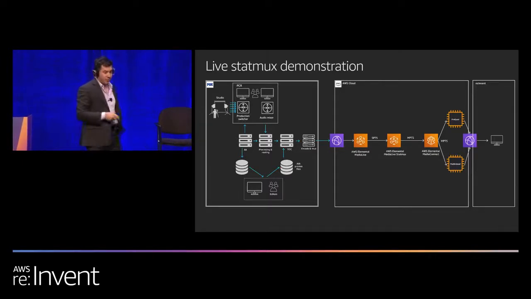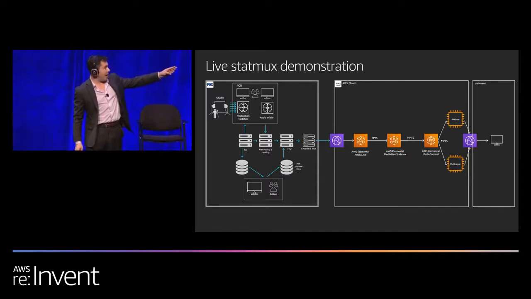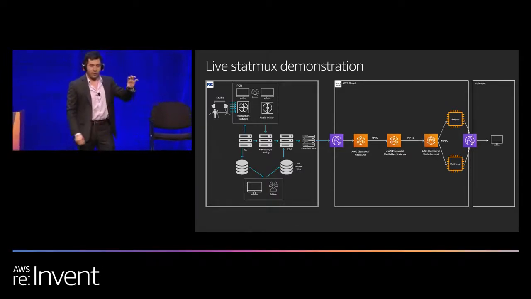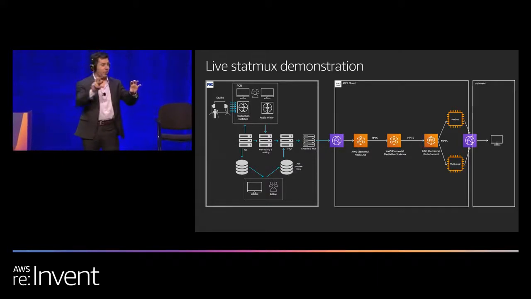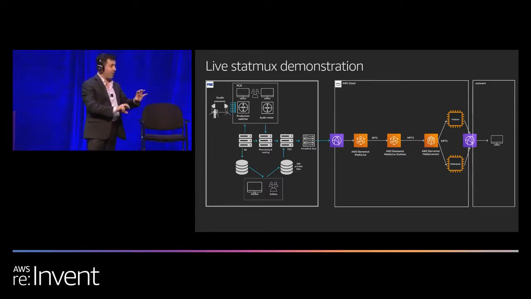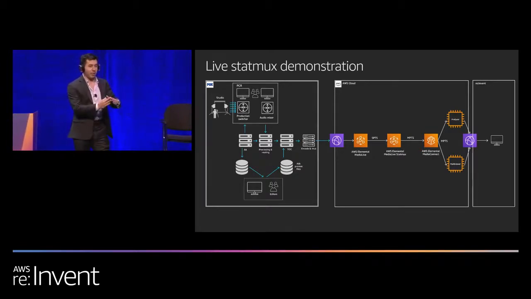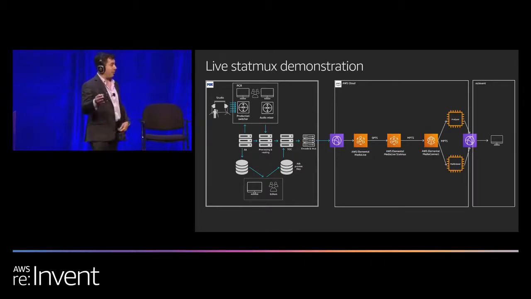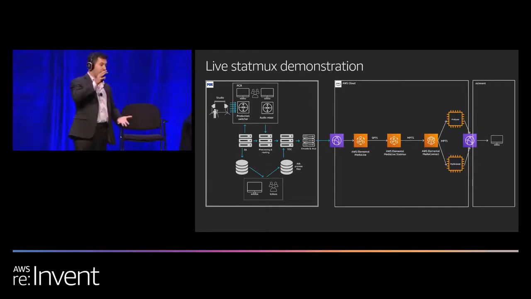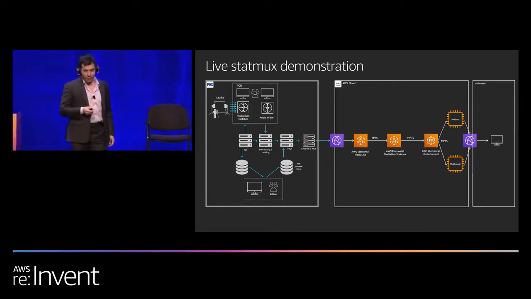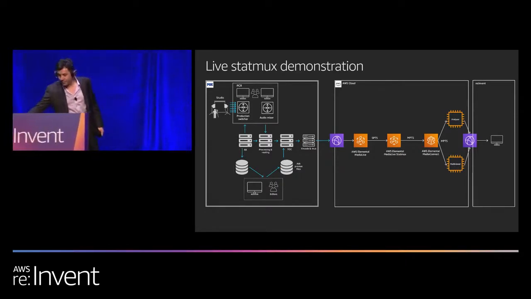And as Alistair was explaining before, you see two instances, one MediaLive and then one MediaLive StatMux instance, because the encoders are running and the StatMux instance is controlling the rate of the output of those encoders. And there are multiple encoders feeding into the multiplexer so that on the output the sum is a flat bit rate, but what's in it is fluctuating. And Alistair will explain that graphically in a moment.